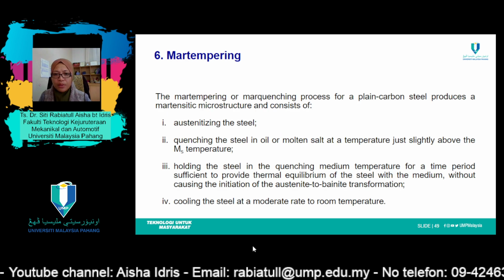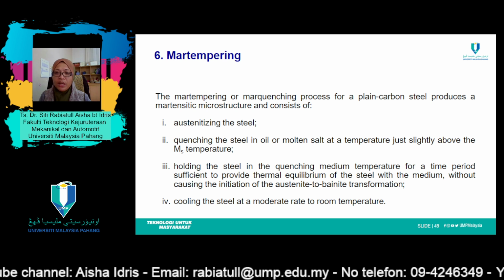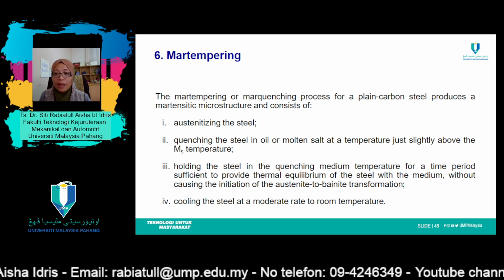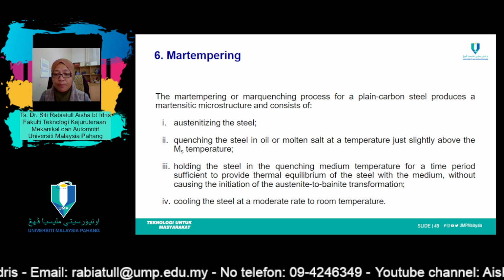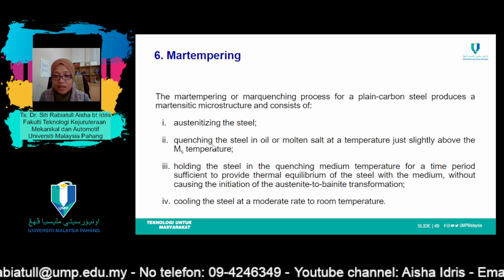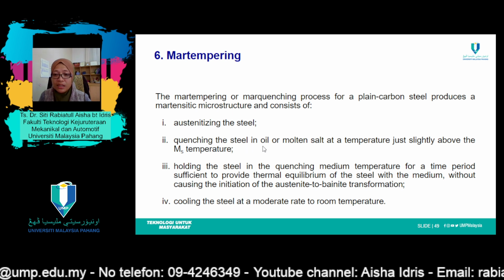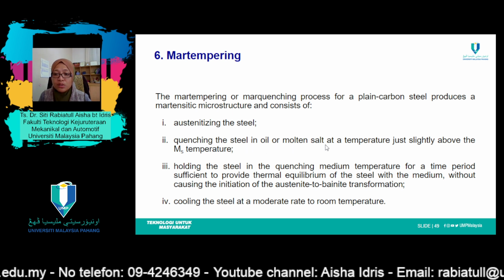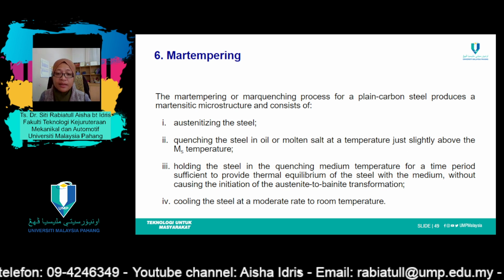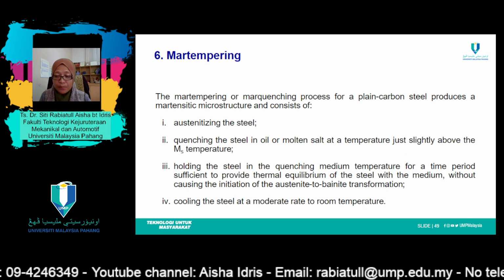Number 6 is martempering. The martempering or marquenching process is for plain carbon steel, produces a martensite microstructure and consists of: number 1, austenitizing the steel. Number 2, quenching the steel in oil or molten salt at a temperature just slightly above the martensite start temperature, the Ms temperature.